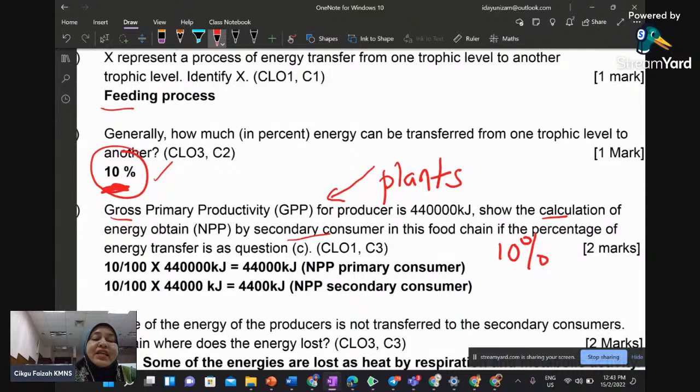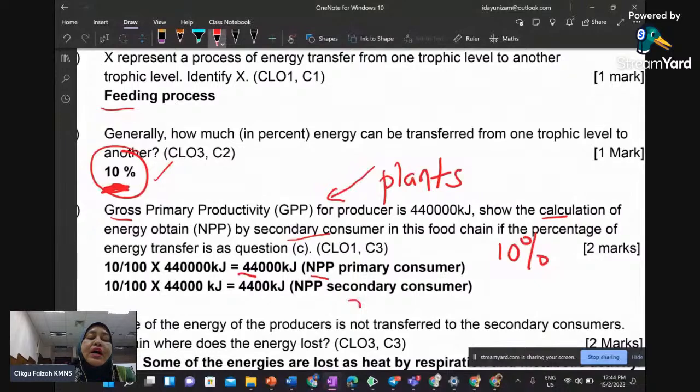So in this case, the primary consumer consumes 10% of this GPP. So 10% of this 440,000 kilojoule, we call it the NPP. So the primary consumer gets this much. How about the secondary consumer?